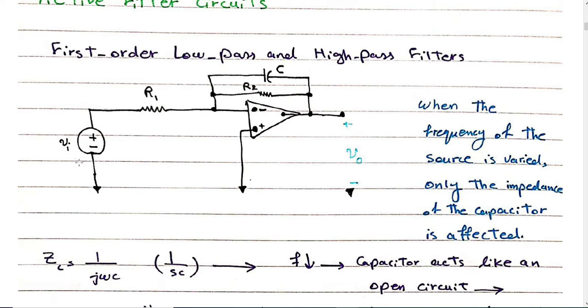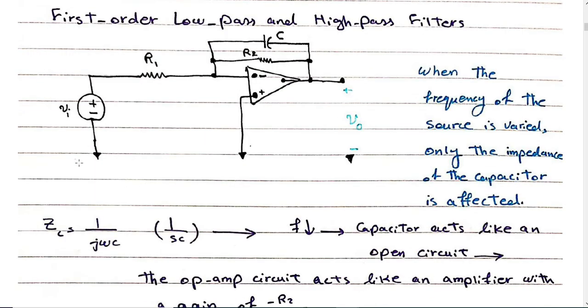The capacitor just charges, and after a long time it will just be the same value. It will act as an open circuit. But if the frequency changes, what would happen to the impedance of the resistor?